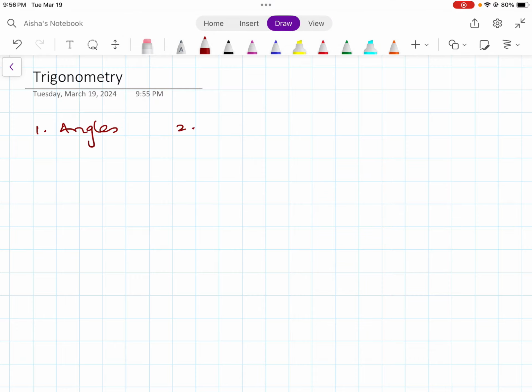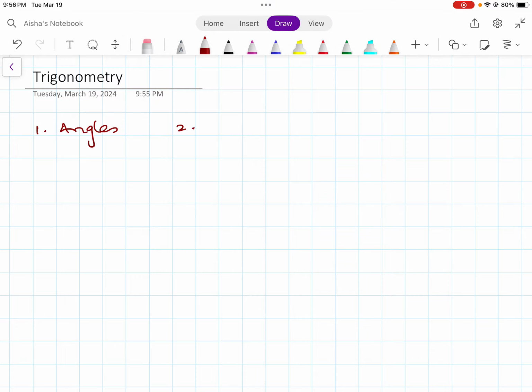Sine is positive, cos is negative, tan is negative. Sine is negative, cos is negative, and tan is positive. Sine is negative, cos is positive, and tan is negative. So this is how it goes, and we go in an anti-clockwise direction.